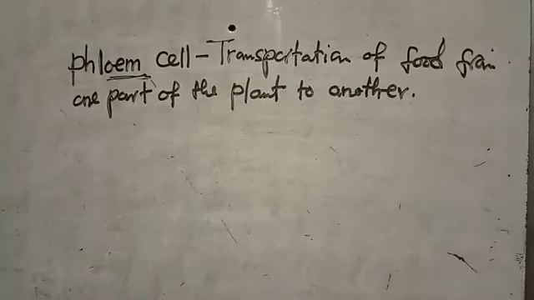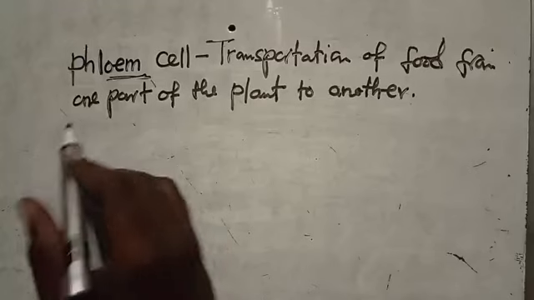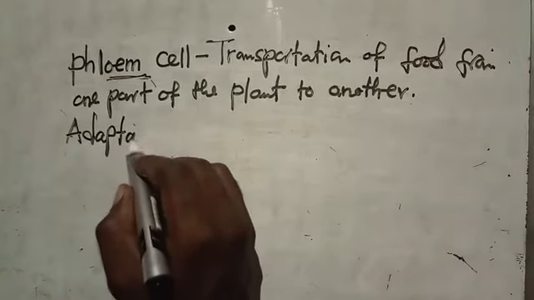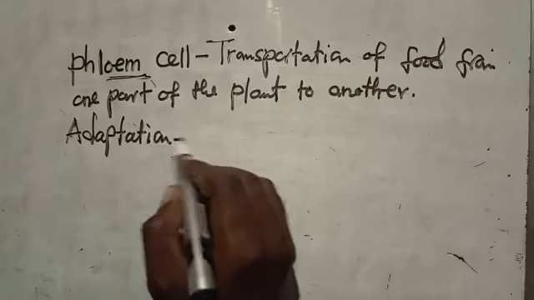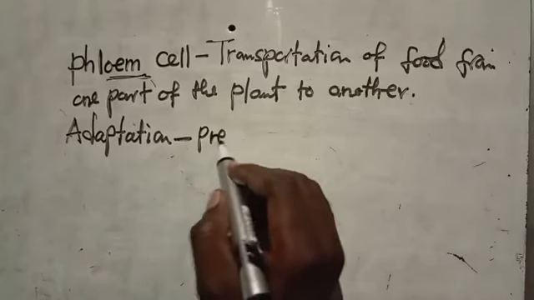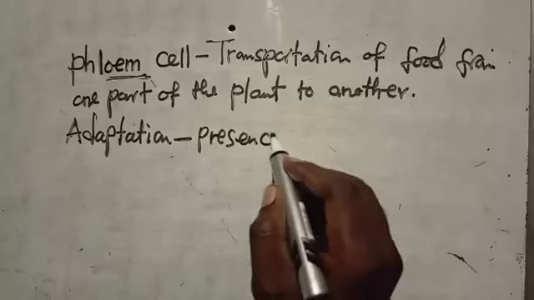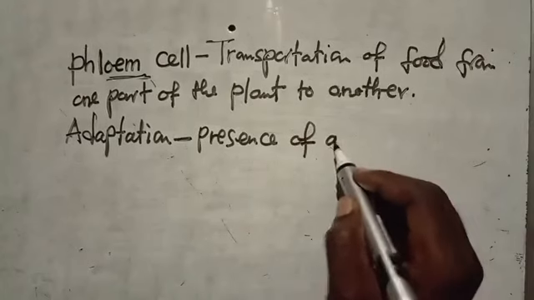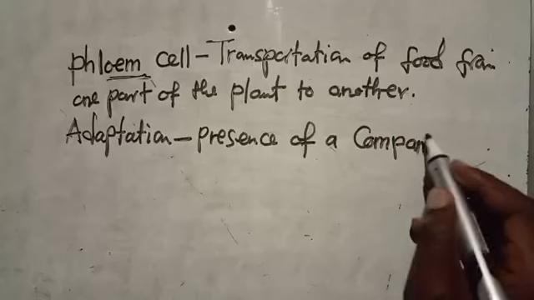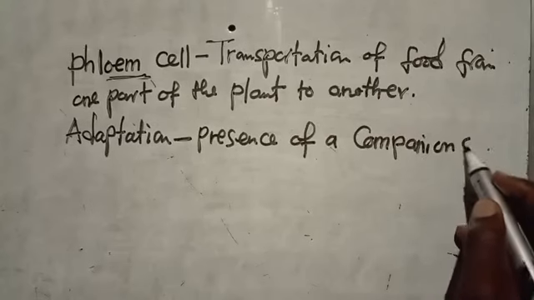As for their adaptation, you need to understand that they have a companion cell. Adaptations are simple things that you can even remember in an exam. So one of its adaptations is the presence of a companion cell.